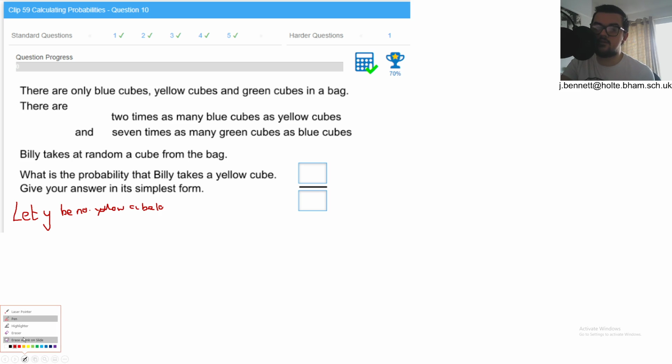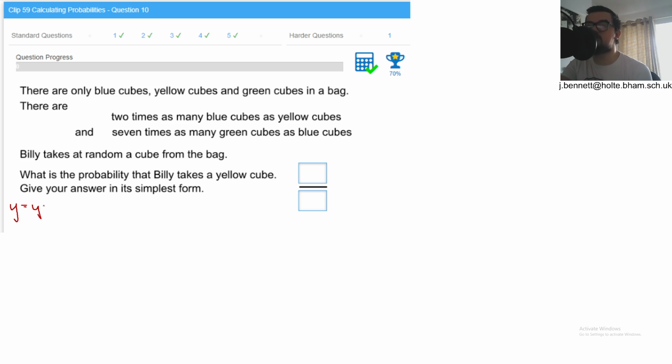I've absolutely messed that up, so we're just going to say, let the number of yellow cubes equal y. So y equals y, it equals the number of yellow cubes. There are 2 times as many blue cubes as yellow cubes. So blue equals blue, but we know that blue is twice as many as yellow, so we put 2y down.